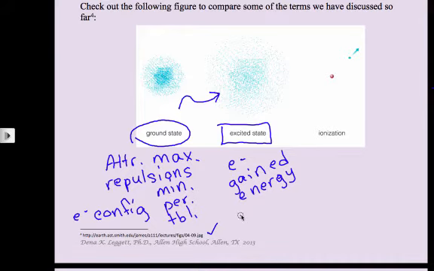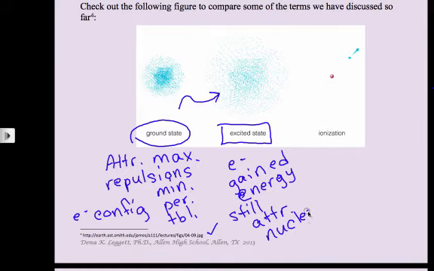We're still talking in general about a neutral atom. Certainly we could have ions that are excited, but that's not your most common questions that you'll come across. So it's gained energy, but it's still sensing that attractive force to the nucleus.